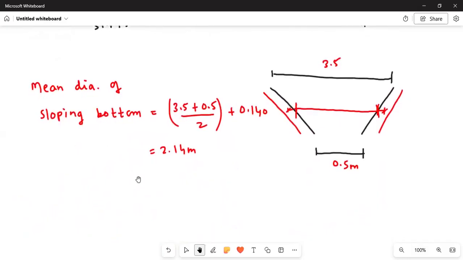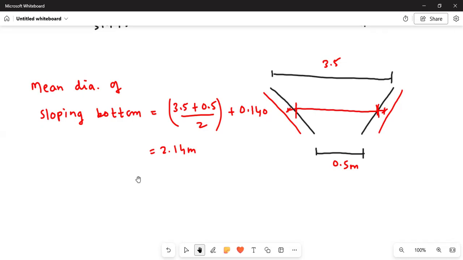Now, the hopper bottom is subjected to the total weight of the material. In order to design the hopper bottom, we need the total weight coming on it. So you need to consider the weight of the coal plus the self weight of the hopper bottom. The weight of the coal we know is 304.44 kilonewton, and that total weight is coming on the hopper bottom.